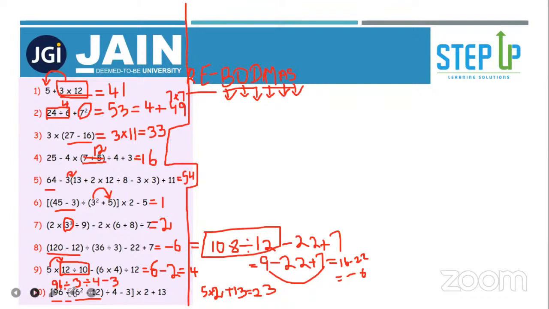Brackets first. So 36 minus 12 is 3. 96 divided by 3 gives me 32. 32 divided by 4 gives me 8. 8 minus 3 is 5. 5 times 2 is 10. 10 plus 13 is 23.